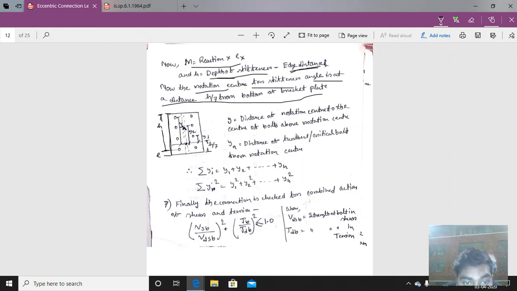So at that distance the rotation center will be present. This is the rotation center. Now why we need the rotation center, we will discuss now.